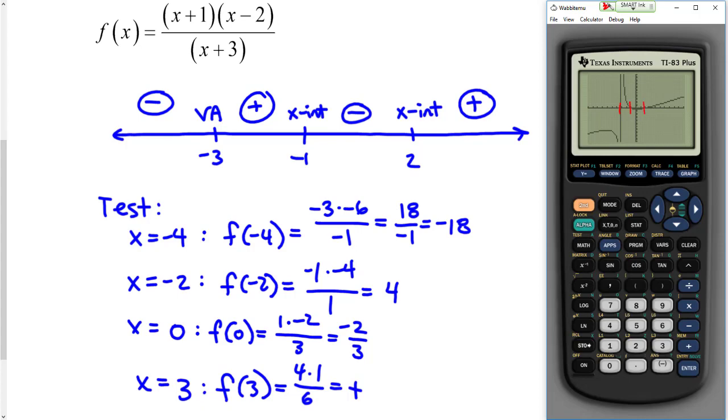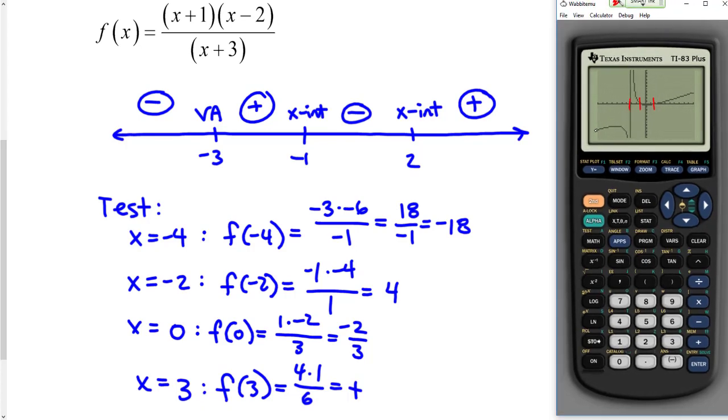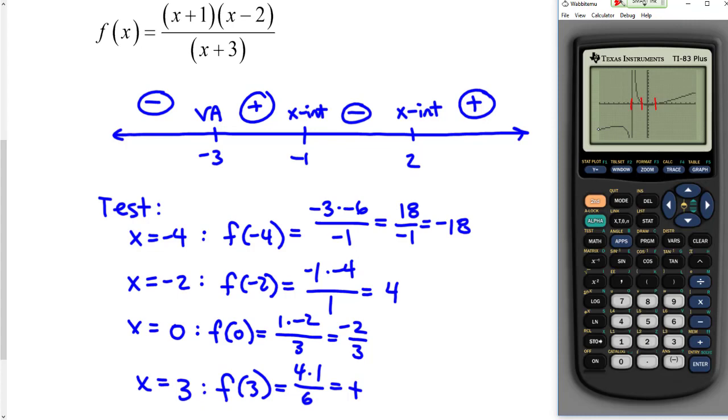So if you'll notice, in terms of the graph being positive or negative, which is above the x-axis or below the x-axis, the interval from -infinity up to -3, this part right here, is entirely below the x-axis. So I have found that on that interval my function is entirely negative.